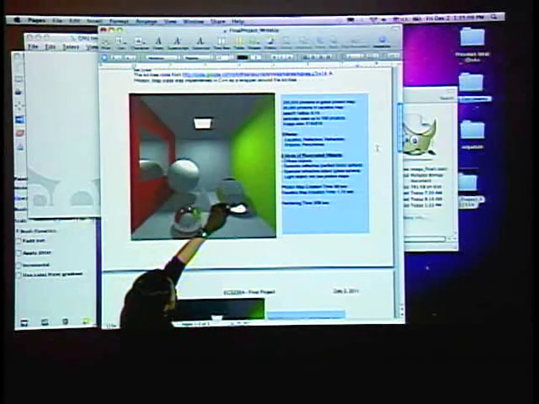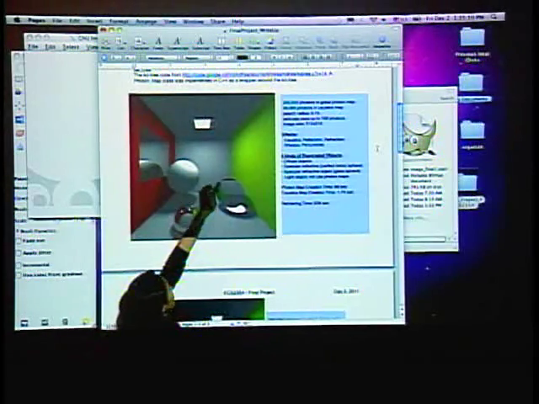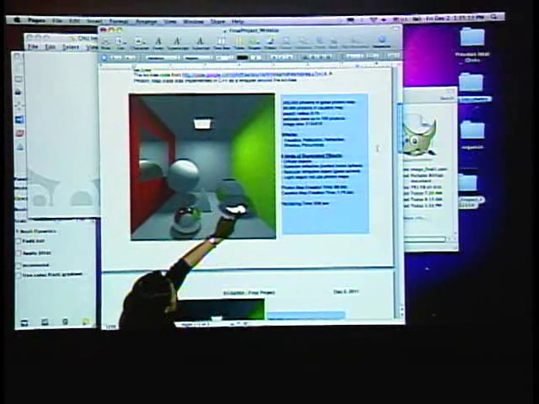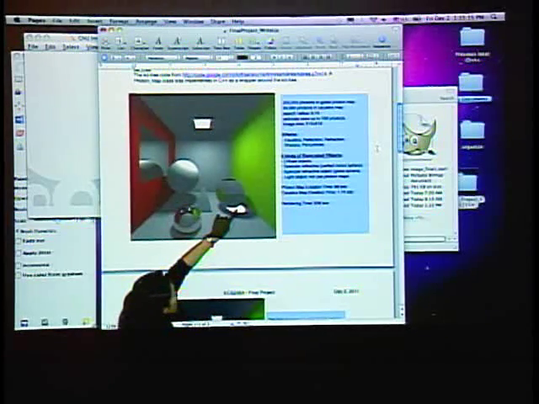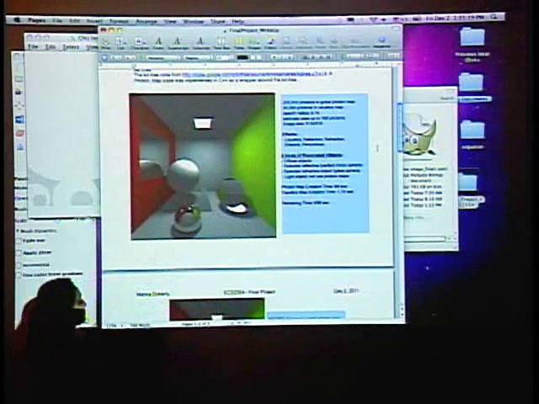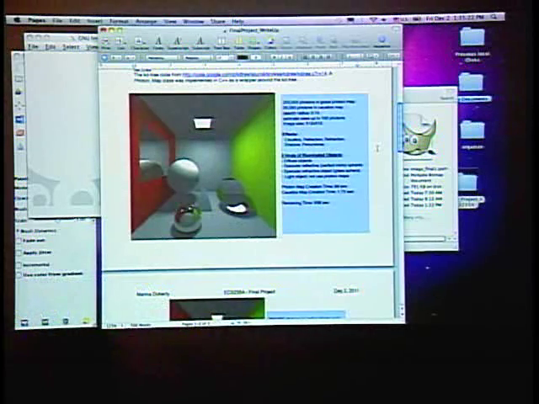Then when it hits this ground, which is a diffuse surface, I store the radiance into the caustic map.